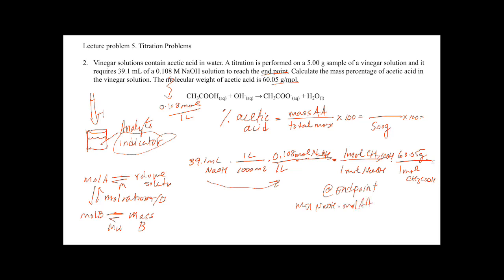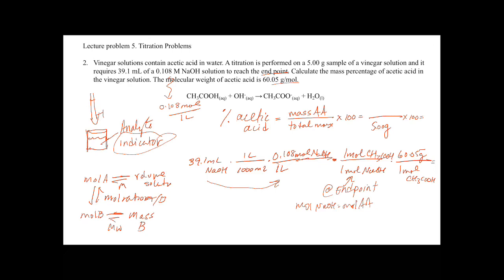That's what the endpoint tells us. So we can use our stoichiometric coefficients to convert from one to the other, because we know that we've reached the point where they're equivalent. And then finally, we're going to come out of this with our 60.05 grams per mole to give us the mass of acetic acid.